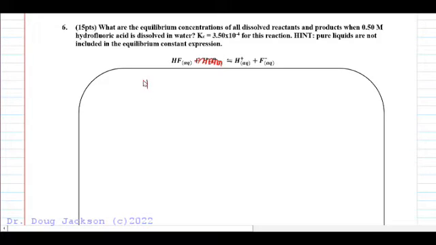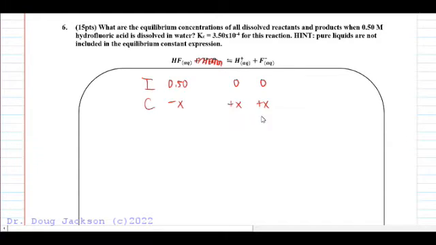It is balanced, it's just HF dissolving into H plus and fluoride there. And so initial, we said that we had 0.50 hydrofluoric acid, and so that means initially we didn't have any H plus or fluoride. What we're going to see is there will be a change where we're going to lose HF, balanced equation 1 to 1, so minus X HF, and gain H plus and fluoride as that HF breaks up.